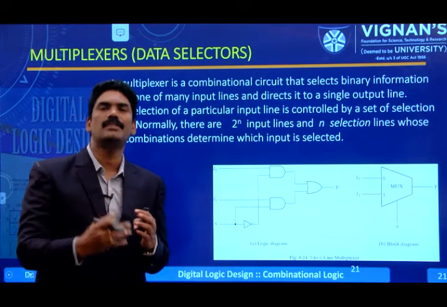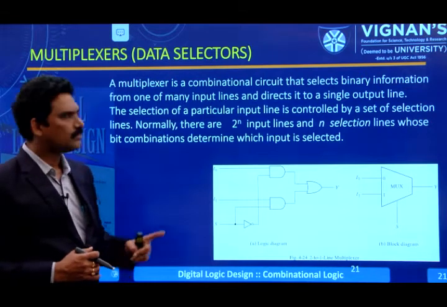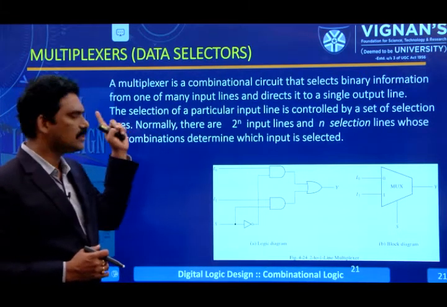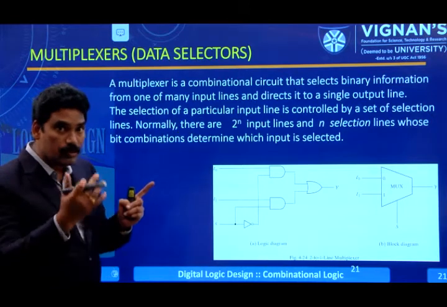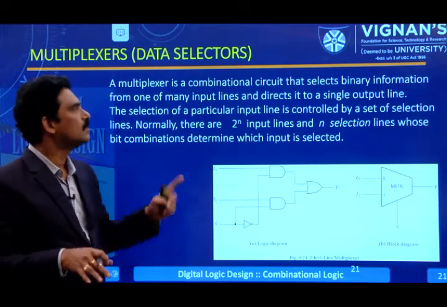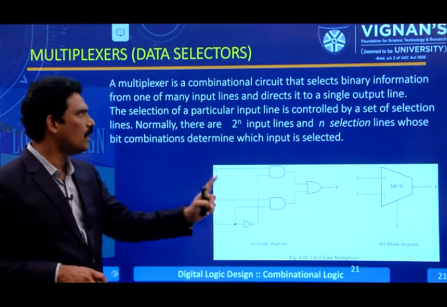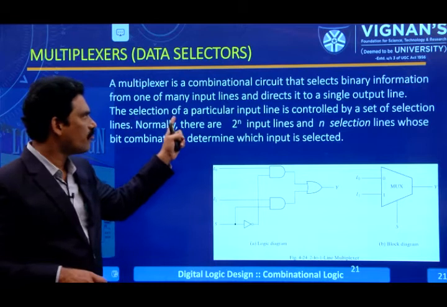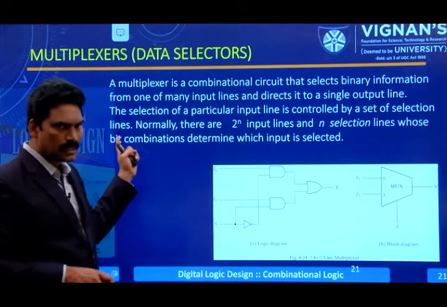That's why the definition is: a multiplexer is a combinational circuit that selects binary information from one of many input lines and directs it to a single output line. The selection of a particular input line is controlled by a set of selection lines.